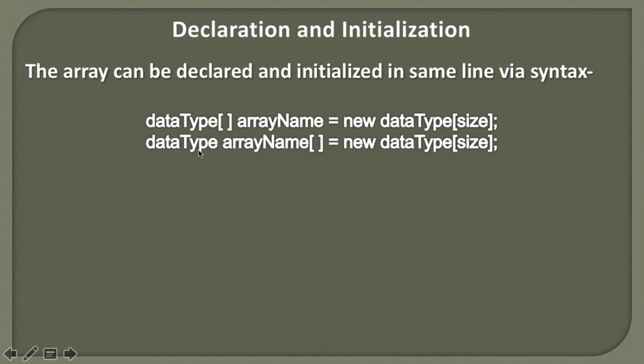We can also use this syntax: data type, the variable name with the square brackets, and then new data type and the size associated with it.